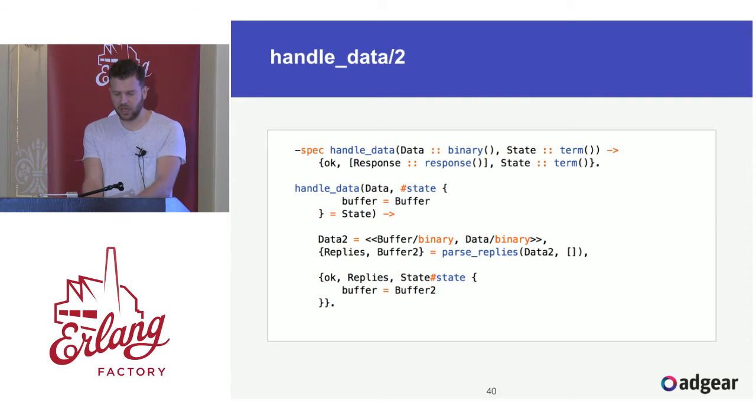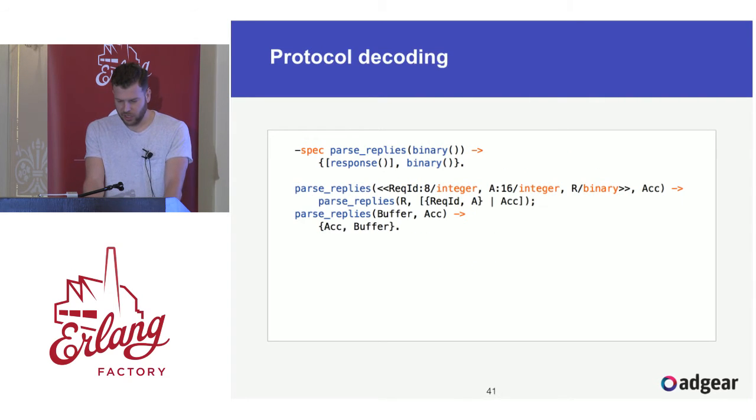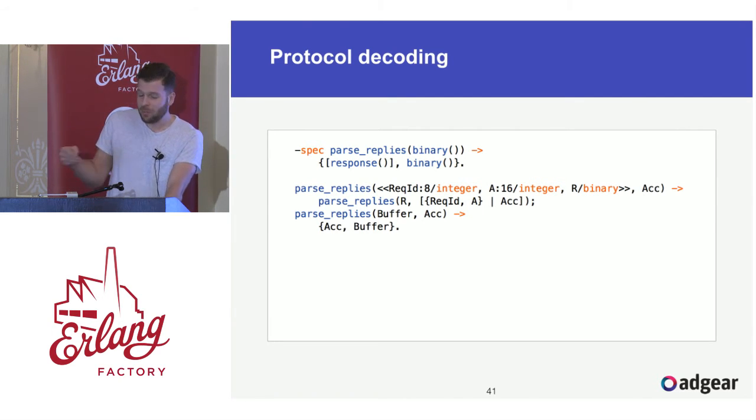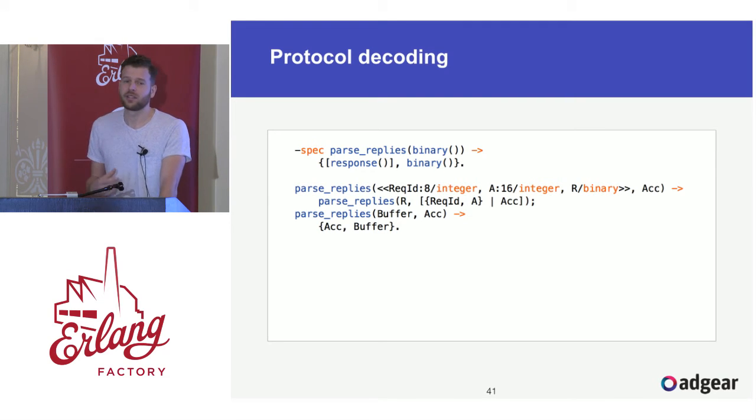And then we call parse replies, which is this method. Again, since the protocol is so trivial, all we have to do is loop around with a pattern match. When it stops matching, whatever is remaining is basically your new buffer. In this case, the response is the request ID and A, which is the response of the operation.